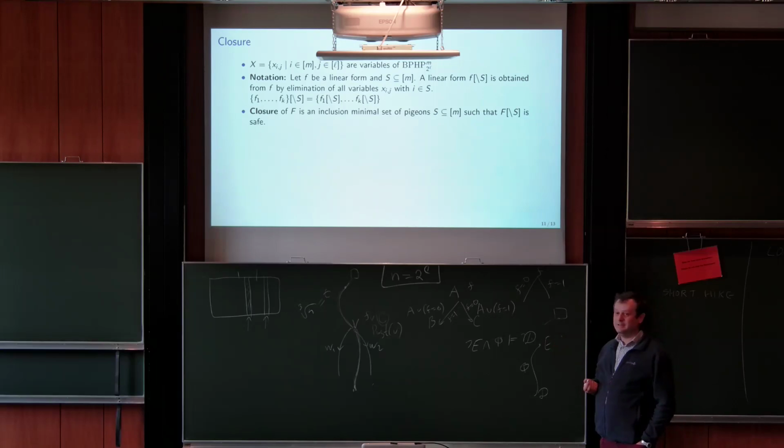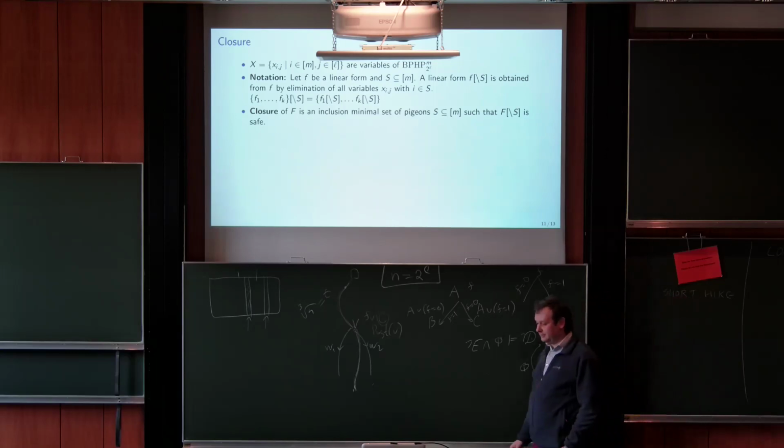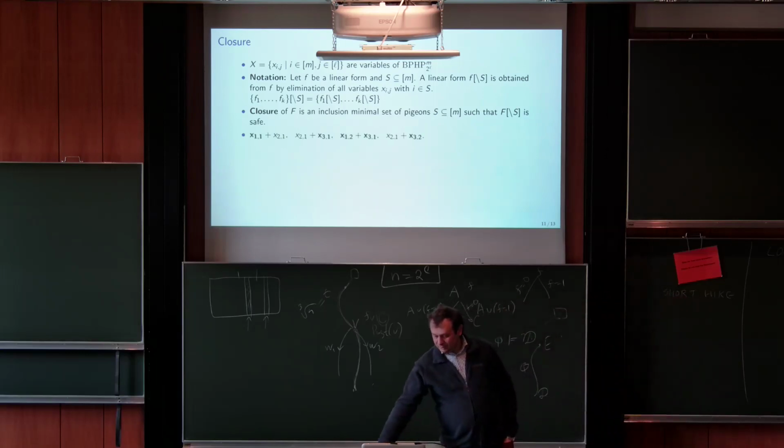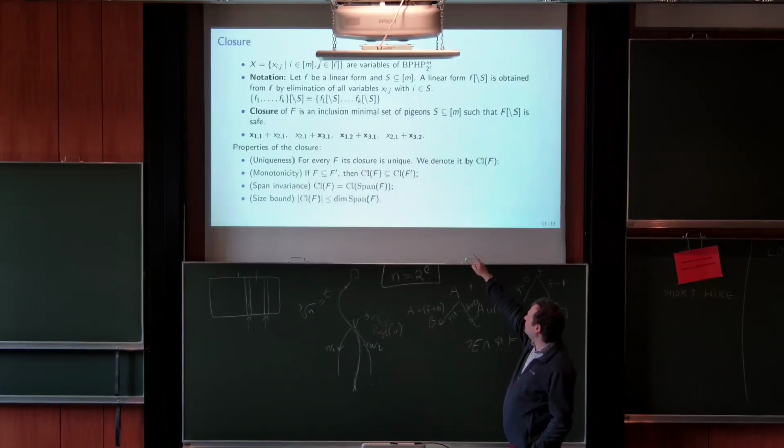And the closure of a set of linear forms is an inclusion-minimal set of pigeons S such that if we delete variables corresponding to pigeons from S, we get a safe set of forms. And the closure for this example is pigeons number 1 and 3.